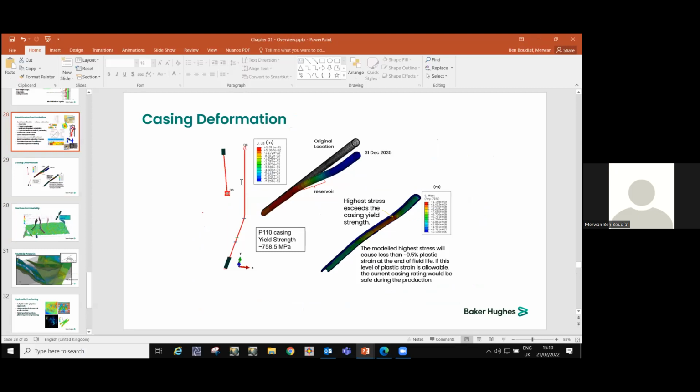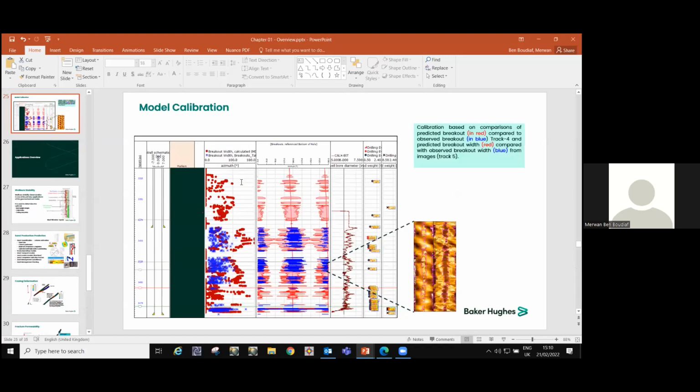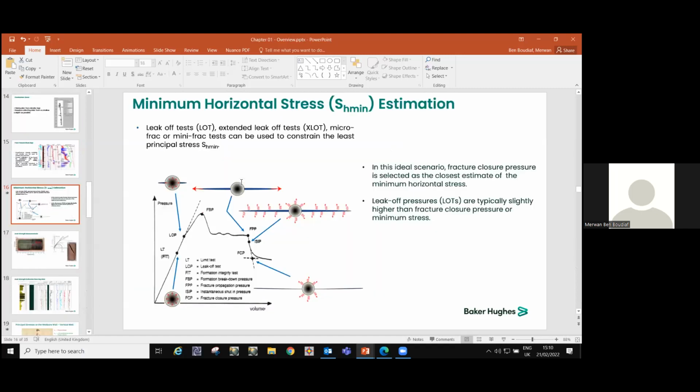So usually FIT is called the formation integrity test. You can also find the FIT called SBT, shoe bond test, in some old reports. So what are they doing with FIT? They are pumping to a certain pressure. This pressure will correspond to the mud weight that they will use for the next phase.